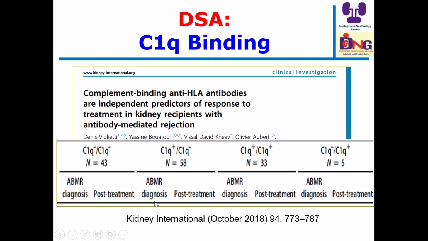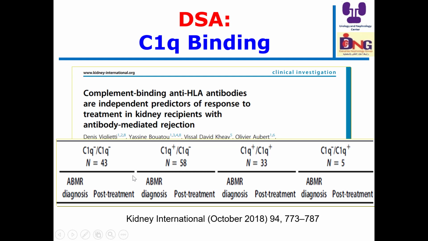So this is at the time of diagnosis of antibody-mediated rejection. And 3 months after treating antibody-mediated rejection with the standard treatment, IVIG, plasma exchange, and rituximab, the biopsy is repeated, and not only this, but also C1q binding capabilities is reassessed. So DSA is monitored at the time of rejection and at 3 months, as well as the C1q binding capabilities.